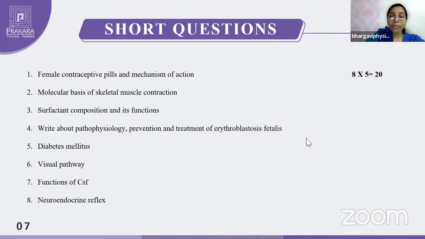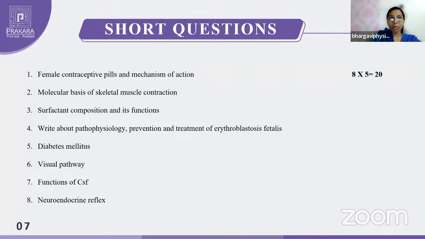Next, we are going for the short questions. Here, female contraceptive pills and the mechanism of action. For this, in the second section, first question, you have to write what is meant by contraceptive pills. Then, in females, what are the contraceptive measures?